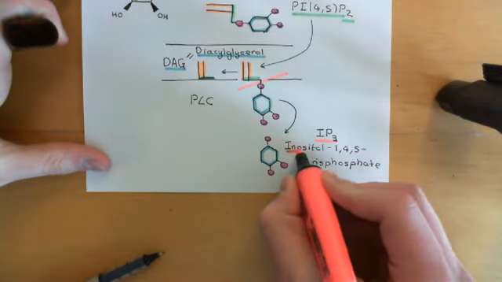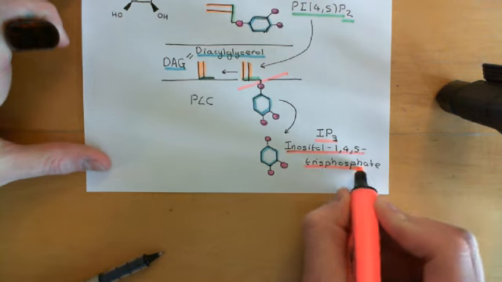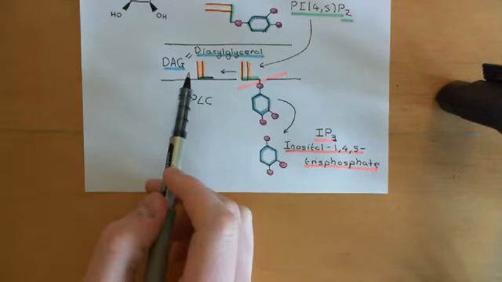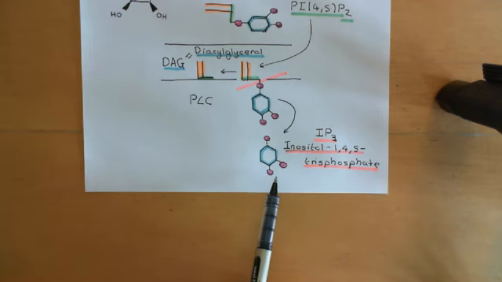So this is the IP3 molecule here. Basically, phospholipase C enzymes break down PI45P2 molecules, this normal component of the phospholipid bilayer, into these two molecules, diacylglycerol and IP3.